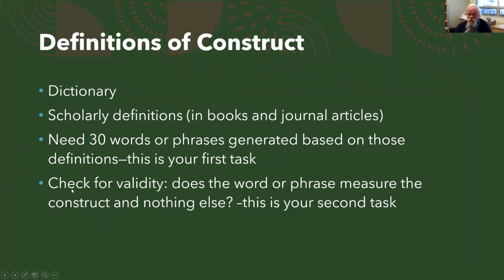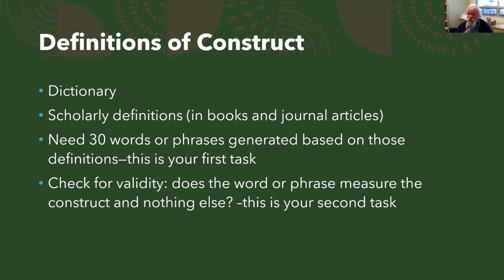Now, what you're going to do after you get your 30 words or phrases is look at each one of those words or phrases and see if they really measure what you're intending to measure. So impulsivity, right? If we were doing impulsivity and we included the word extroversion, well, that is not a valid measure of impulsivity, right?